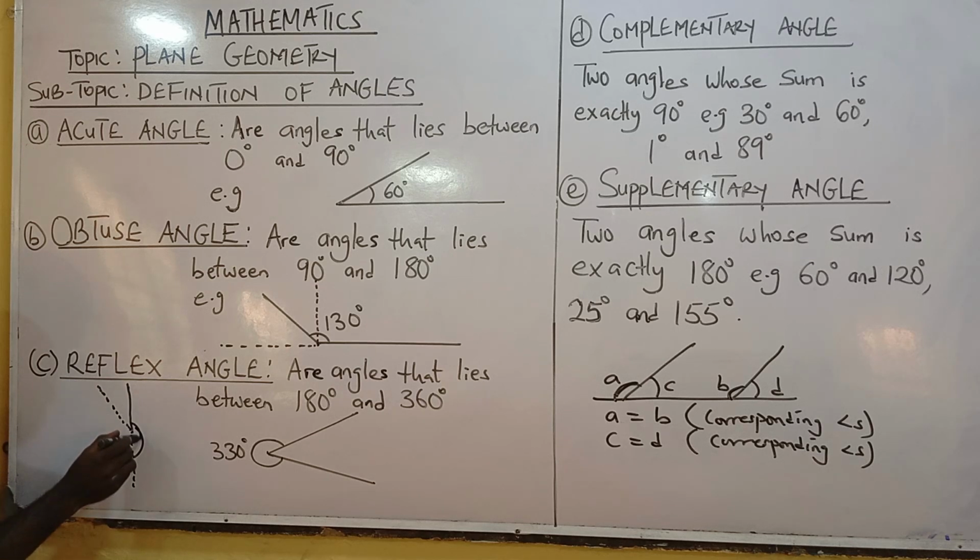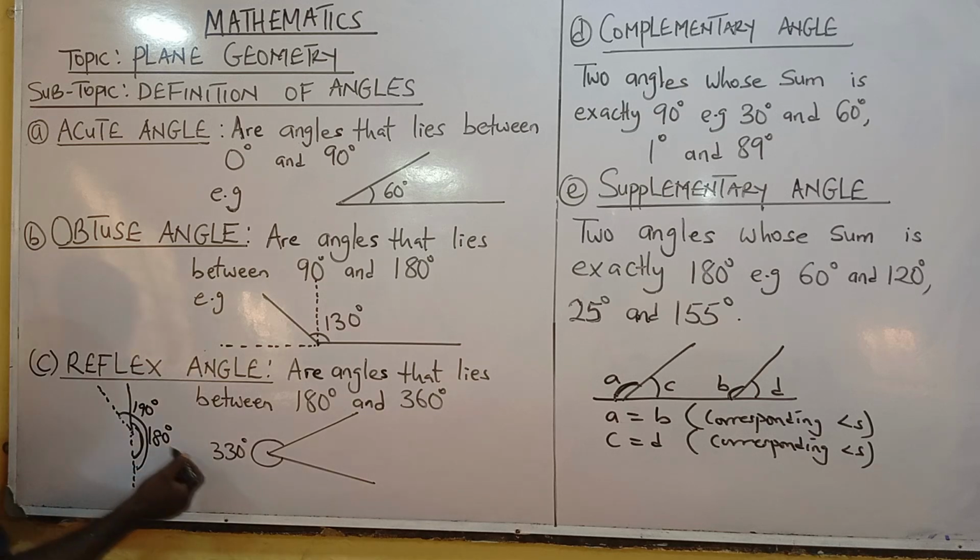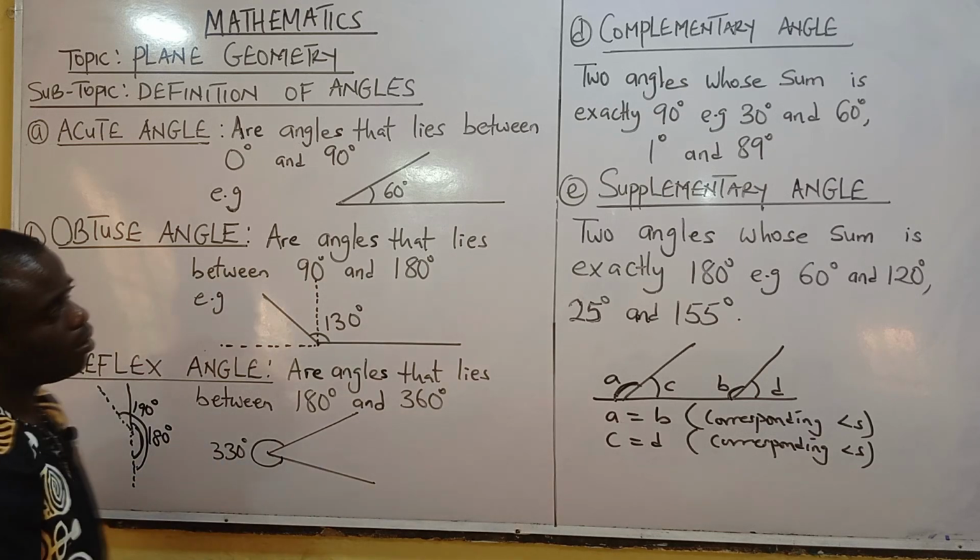So this is 180 degree. But when it extends to this side, that's beyond 180 degree. Is that okay? Let's call this one 190 degree, an angle that lies between 180 degree and 360 degree. The total sum of the angles at a point is 360 degree.